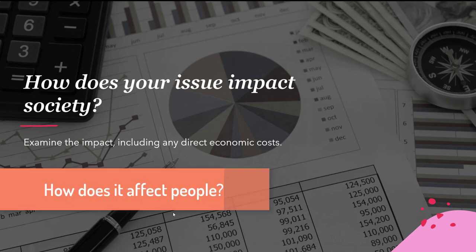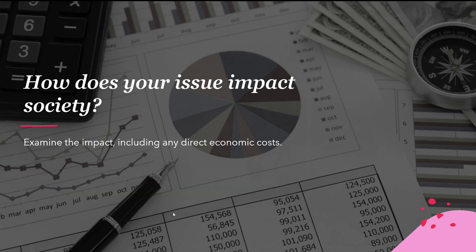You might want to think of it from a political standpoint: could it potentially cause wars, fighting over land or water rights or things like that? You can examine the economic costs. Does it cost people's lives?